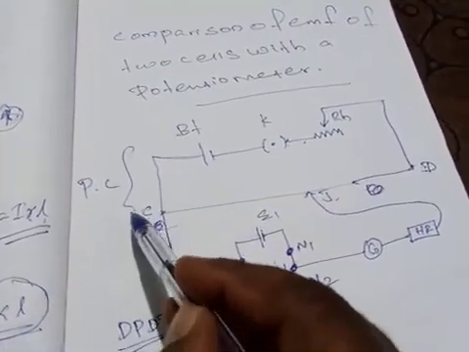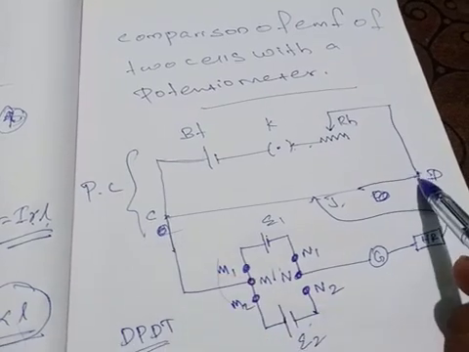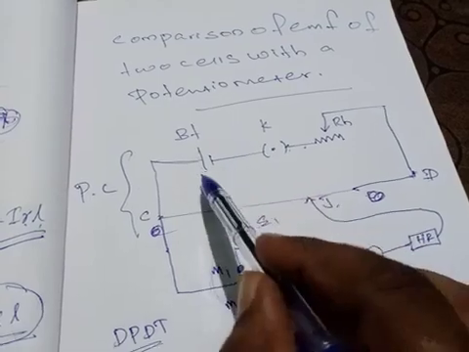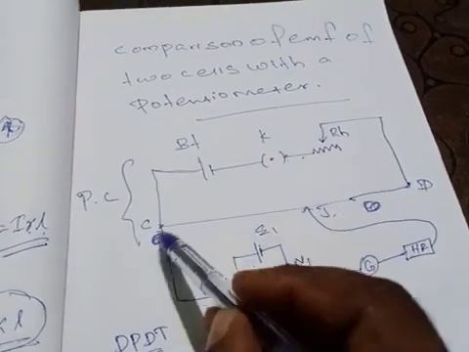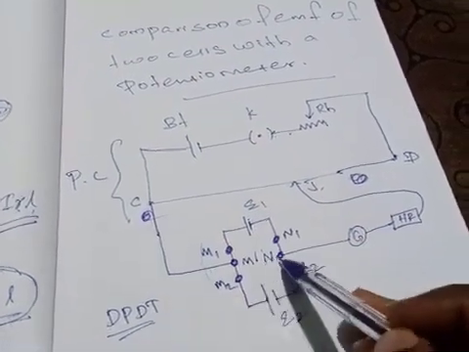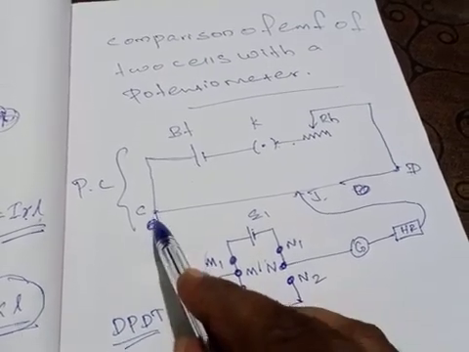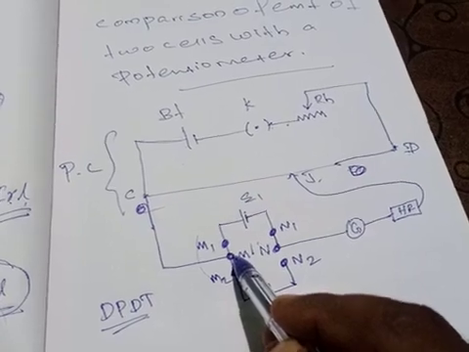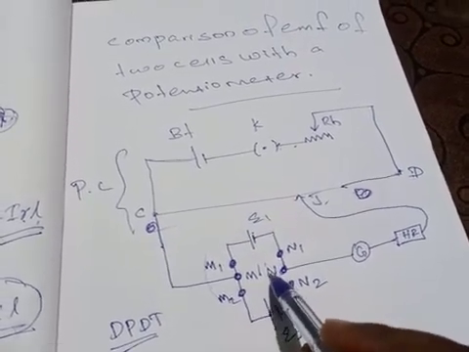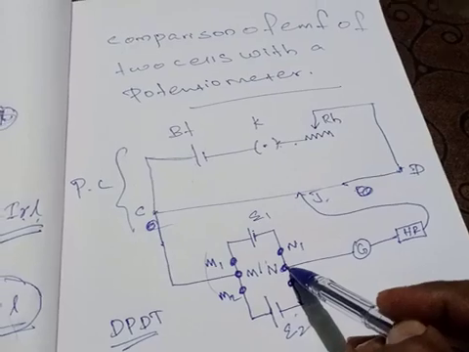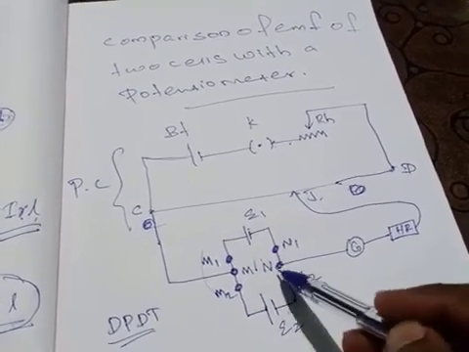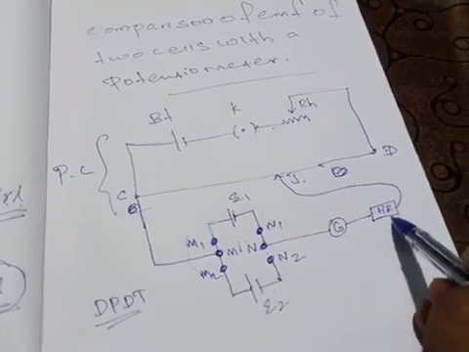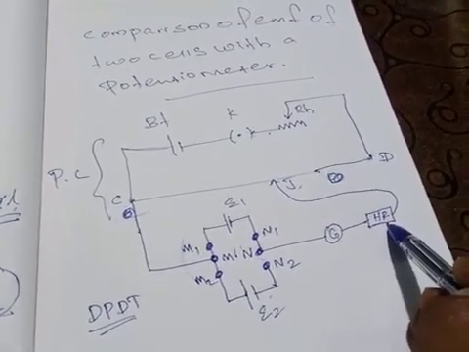What are the things connected in the primary circuit? A potentiometer wire CD, a battery and a key are connected to form the primary circuit. From the point C, a DPDT switch is connected to the terminal M, and from the terminal LN of this DPDT switch, it is connected with a jockey through a galvanometer and a high resistance box HL.